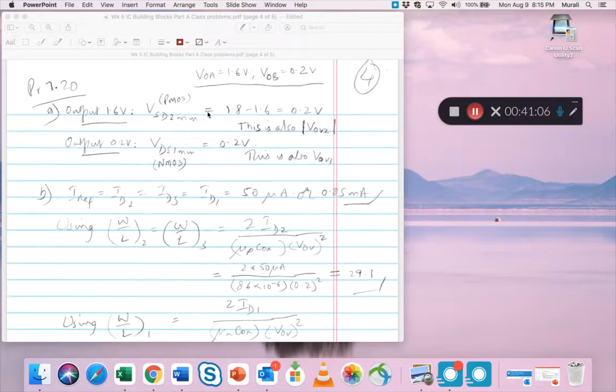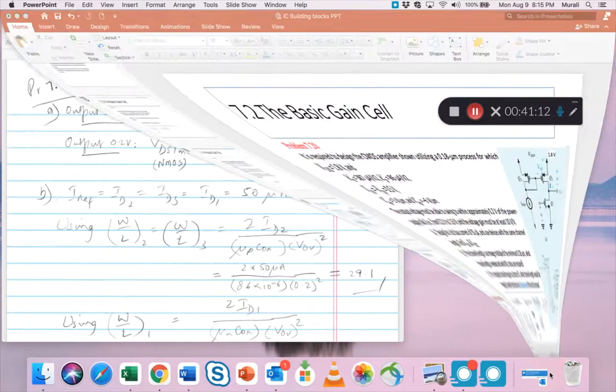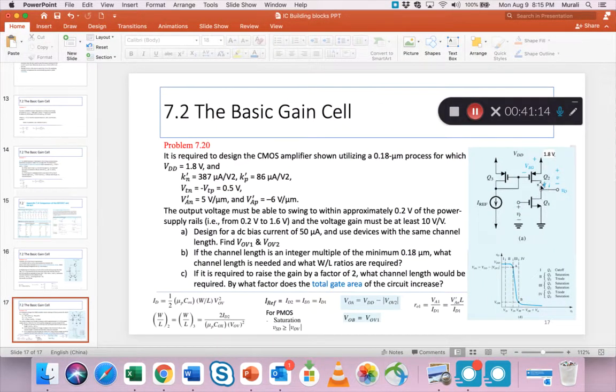This formula, right, source to drain for 2, right? For 2, the source to drain voltage is what we need to find. To keep that transistor in saturation, this source to drain voltage has to be greater than VOV for that transistor, right?